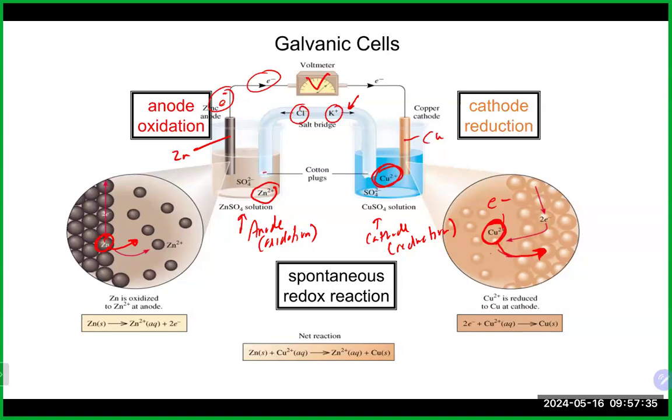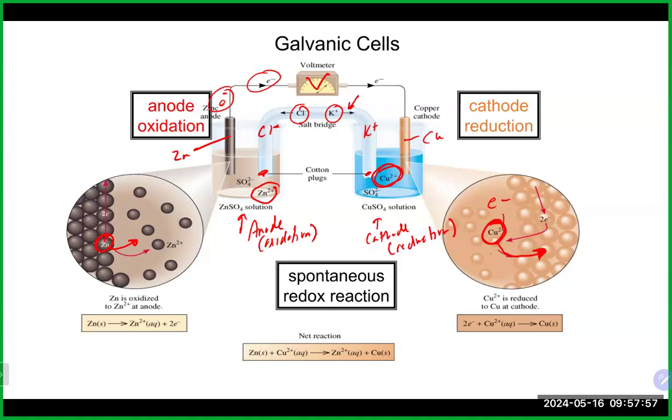You put little plugs usually in it, cotton a lot of times, but it still allows the ions to flow in and out, but doesn't allow everything to just drop out of it. And in this particular case, as you can see, we have some negative chloride ions heading in this direction. We got some positive potassium ions heading in the right-hand direction.